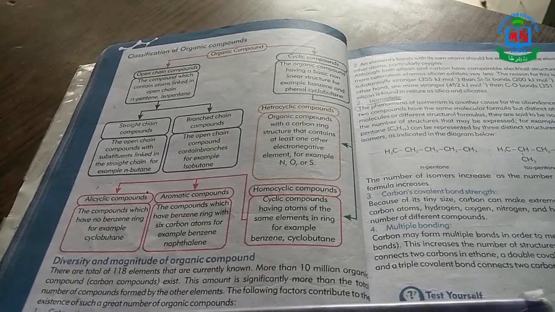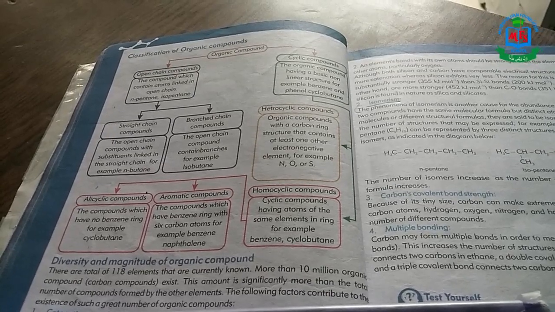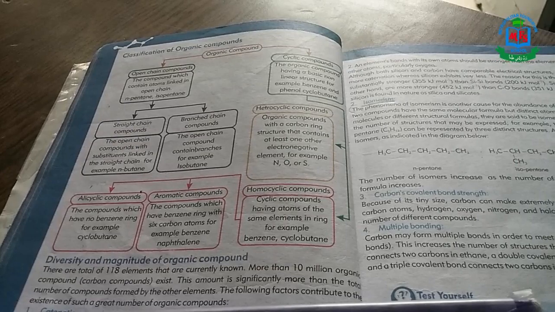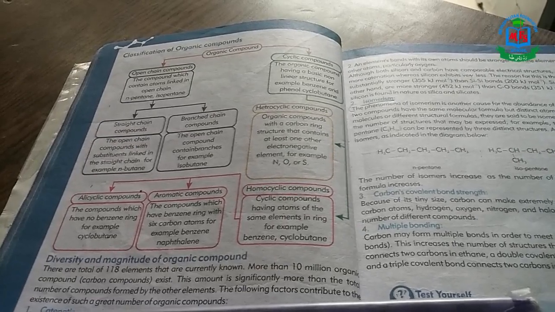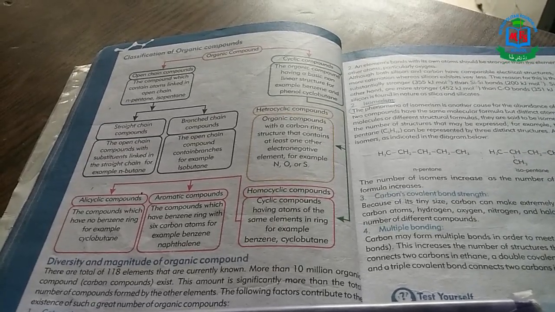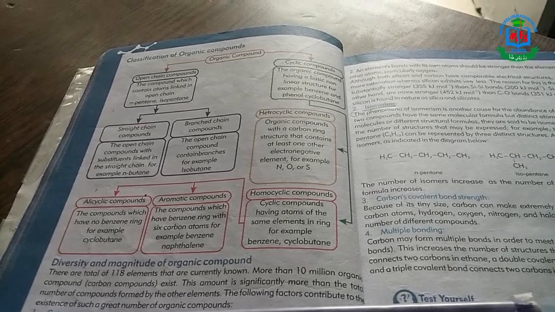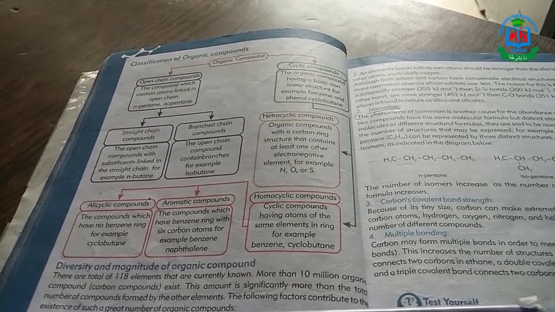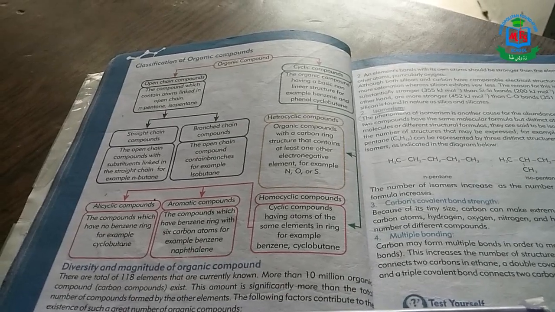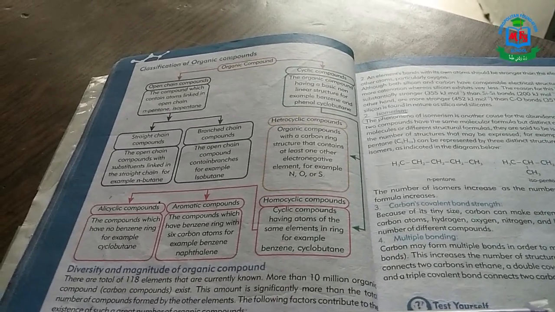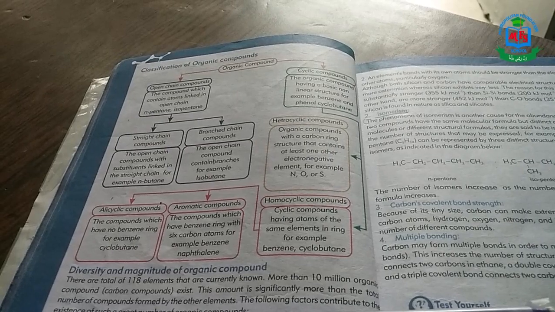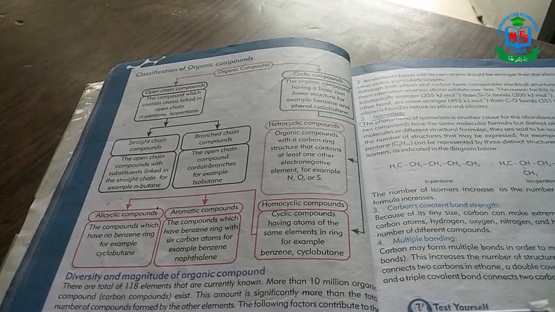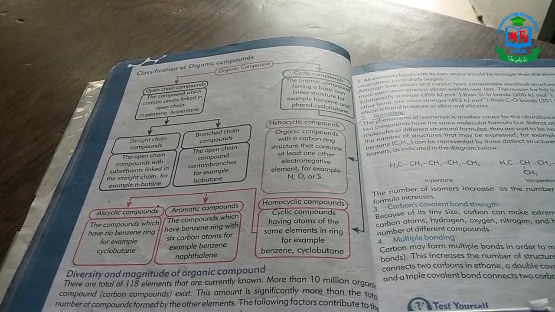Students, as you know, organic compounds are further classified into two branches. First one is open chain compounds and second one is cyclic compounds. Then we further divide open chain compounds into two classes. First one is straight chain compounds and second one is branch chain compounds.